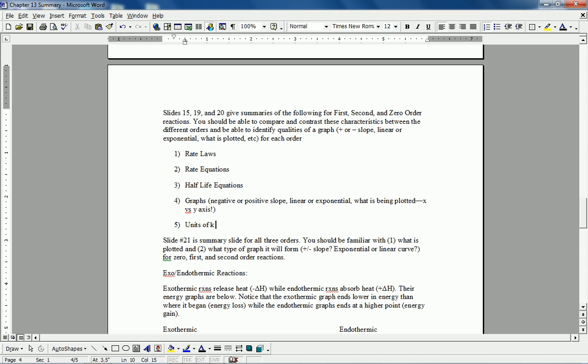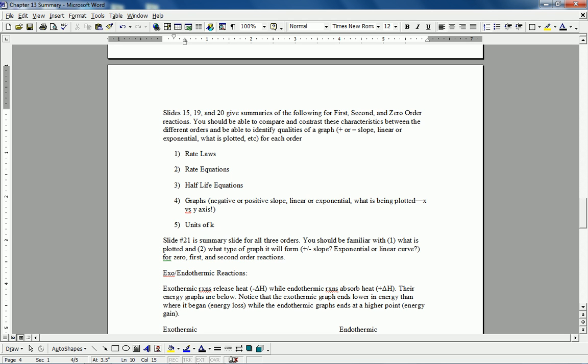So speaking of slope, that's where we go to graph. All of these will be reviewed in one of the slides. I believe it's slide 15 for first order. The same will be repeated in the same format for second order and for zero order. Of course, what will change are the equations, the half-life equations, units for K, and so on. Sometimes you'll be able to look at a data set like we did above and say, okay, the exponent is 1, so I know it's first order.